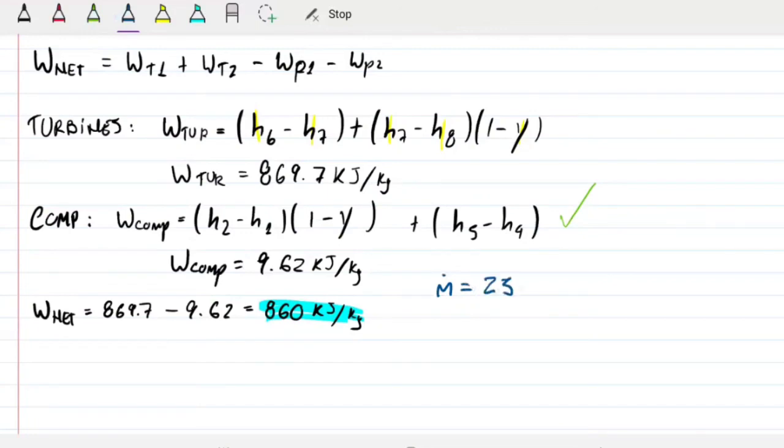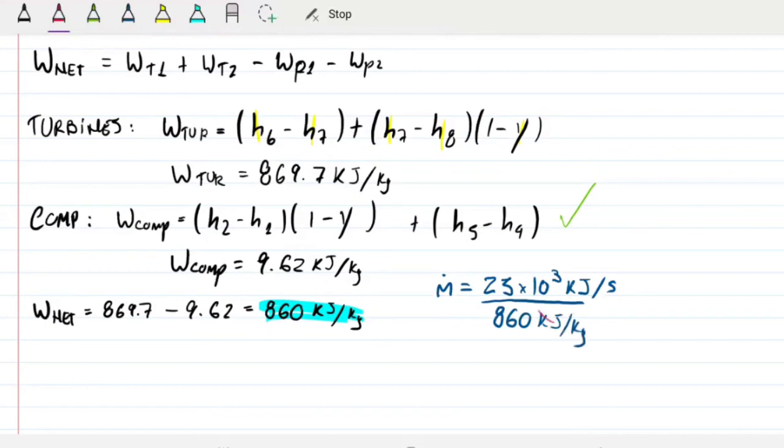It's going to be 25 times 10 to the third kilowatts, which is kilojoules per second. And I'm just going to divide that by what this guy outputs. So this guy outputs 860 kilojoules for every kilogram.